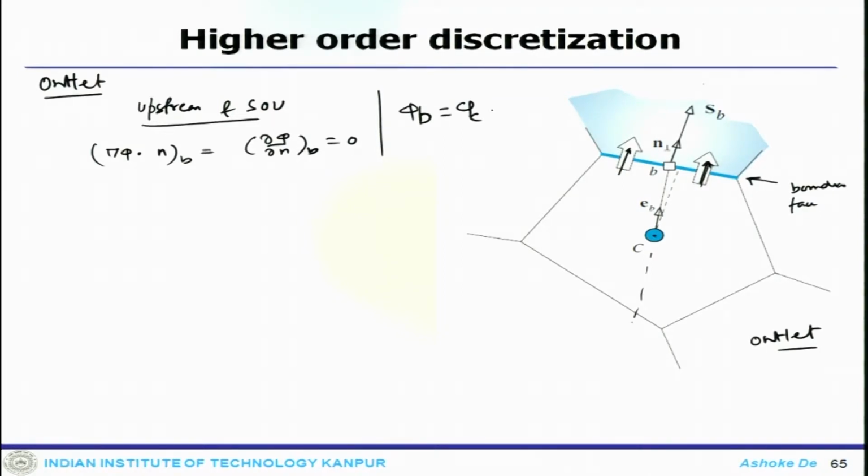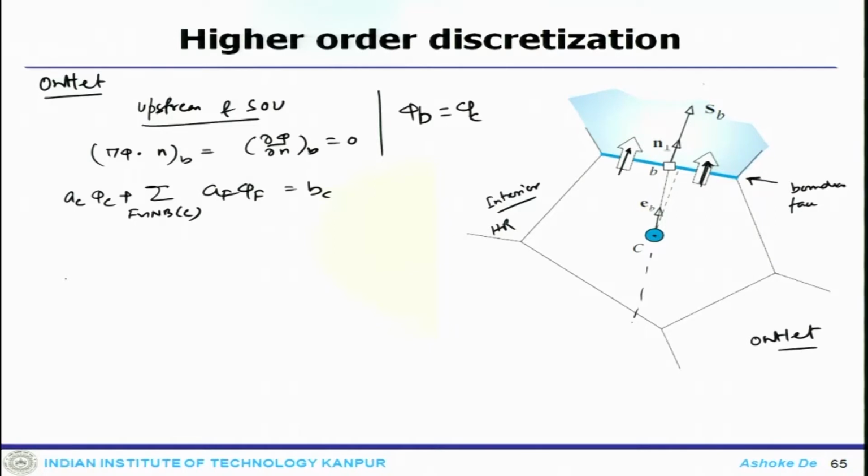Now, similarly, you discretize the convective flux for the interior elements. If you use a high resolution scheme, then the modified algebraic equation for the boundary element would use some deferred corrections. So, the equation will look like AC phi C plus F NBC AF phi F equals BC.